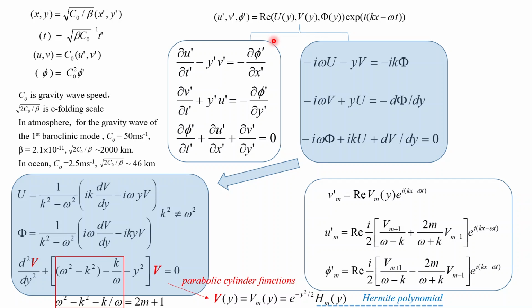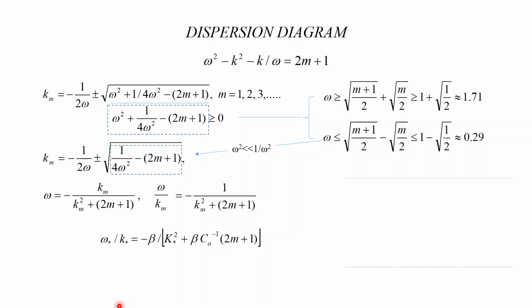Okay, so this particular eigenvalue 2m plus 1, the constraint for this omega squared minus k squared minus k over omega, is actually the dispersion relation for this set of equations.